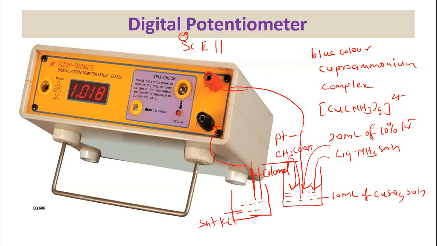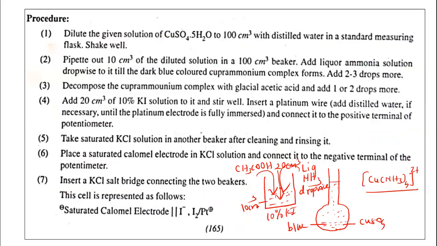On the right hand side, due to the addition of the 20 cm cube of 10% KI solution, there is a formation of a precipitate here. Then iodide ion is present, then I2 as a solid, and the platinum electrode. So an iodine electrode is formed here.